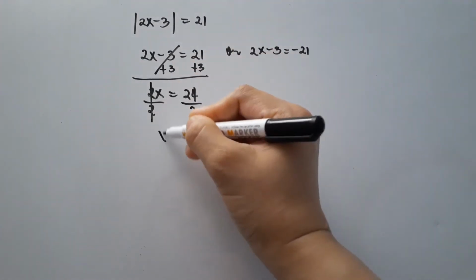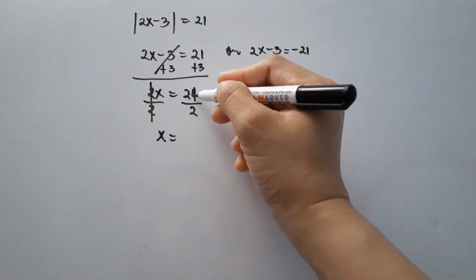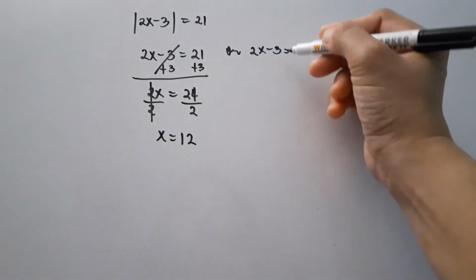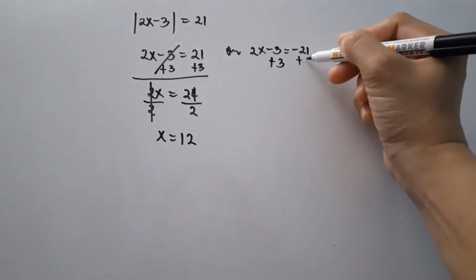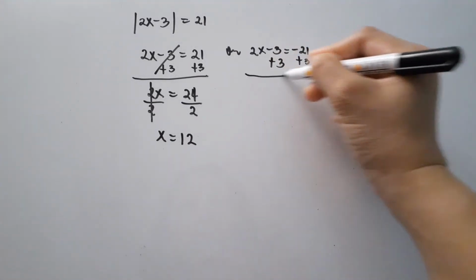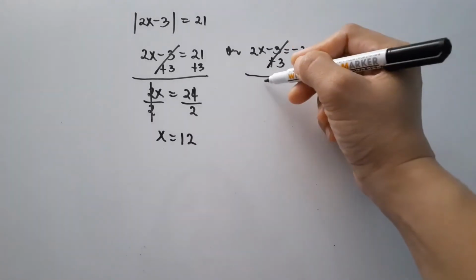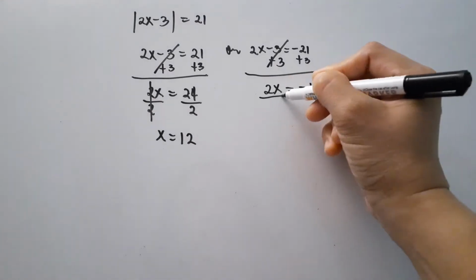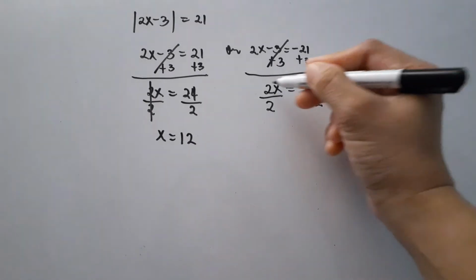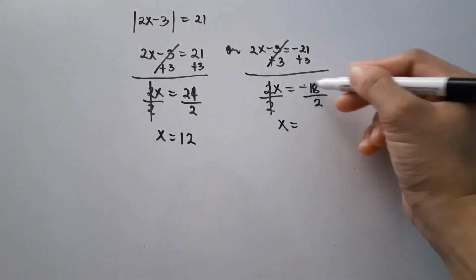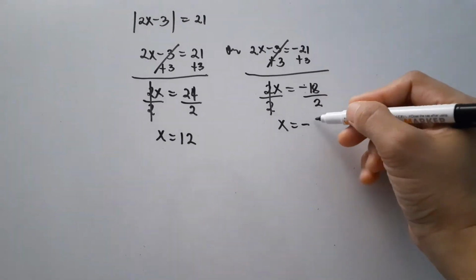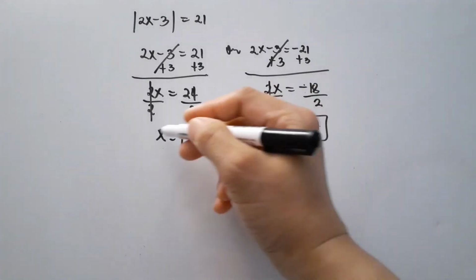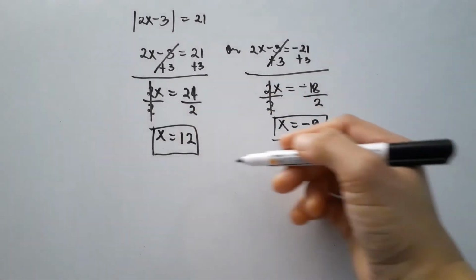Then we divide this side by 2, therefore x is equal to 12. And then the other side, we add 3 to both sides, and then cancel this out. 2x is equal to negative 18, and then we divide each side by 2, therefore x is equal to negative 9, and therefore we have two answers.